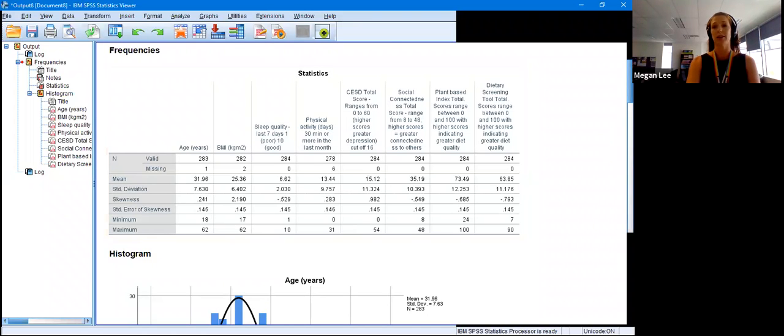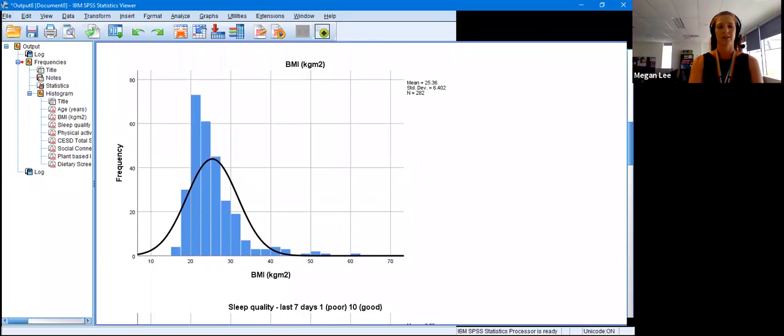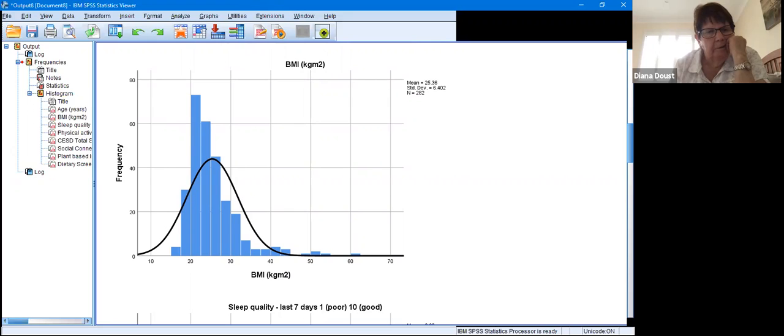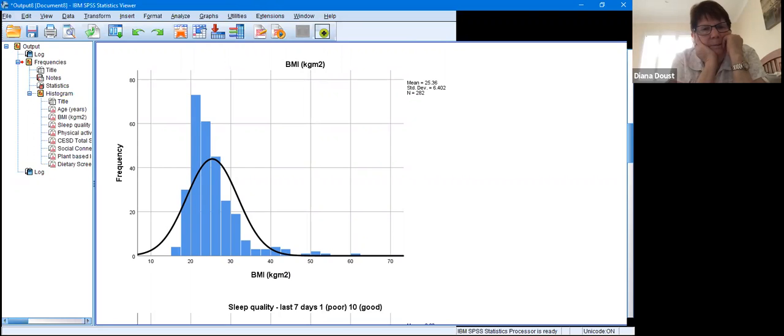Okay, so let's have a look at the histogram of BMI. Someone want to tell me what it looks like? Positively skewed. Say it again, Diana. I said positively skewed, isn't it? Yeah, it is positively skewed.